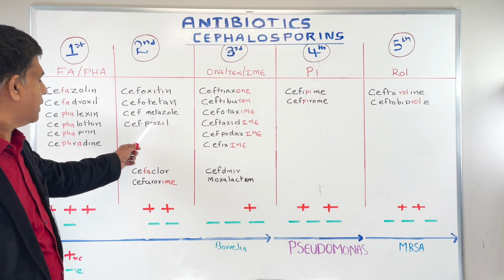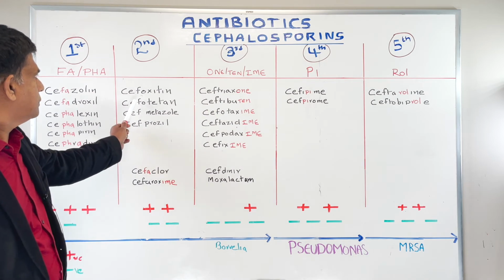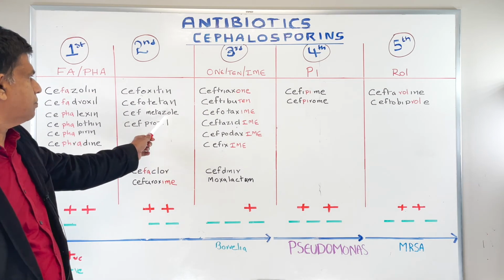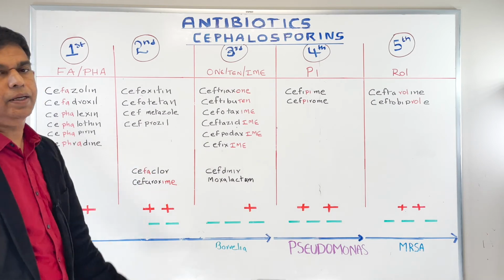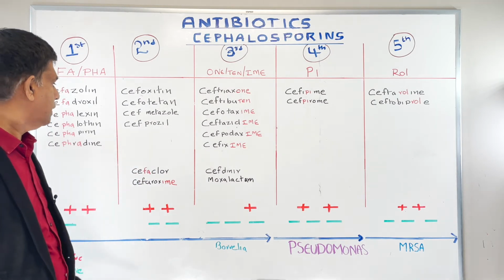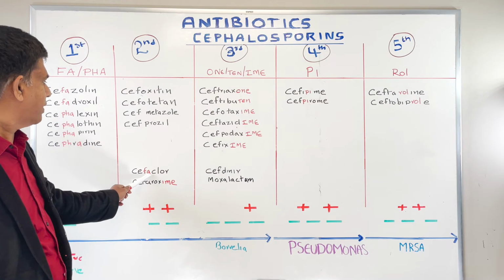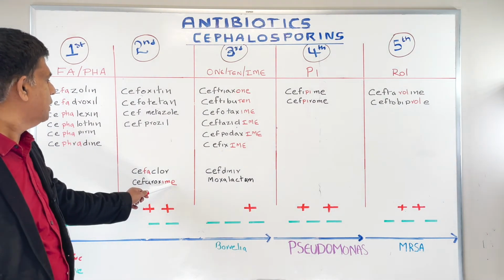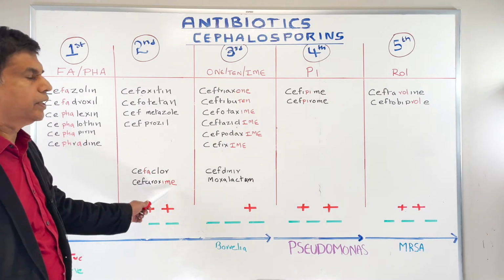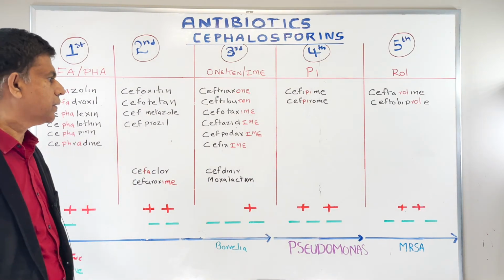Then when you come to the second generation, cefoxitin, cefotetan, cefmetazole, cefprozil, we don't have a mnemonic; just remember they belong to the second generation. Only a couple of exceptions: cefaclor, which uses FA here, and cefuroxime. Even though they fit that mnemonic, don't get confused.